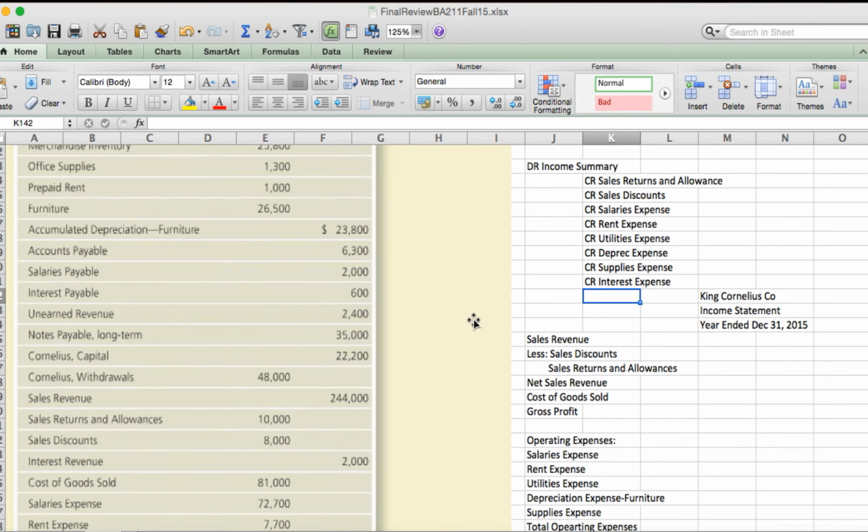So we're going to fill in all of these various expenses, and that will be our credit side, and then we'll add all those up, and that will be what goes on the debit side for the income summary.